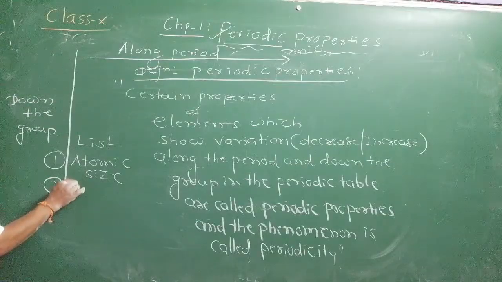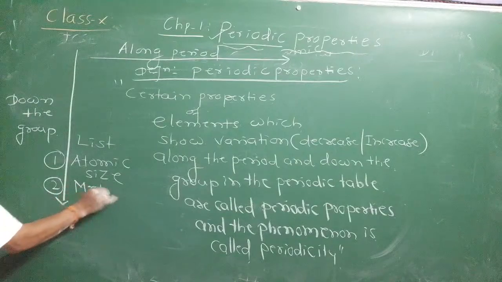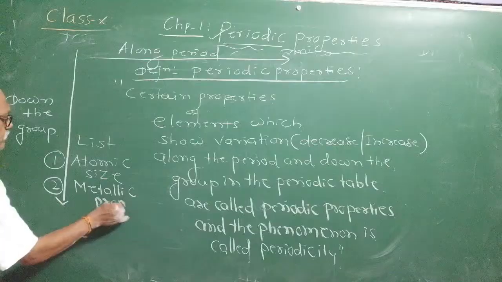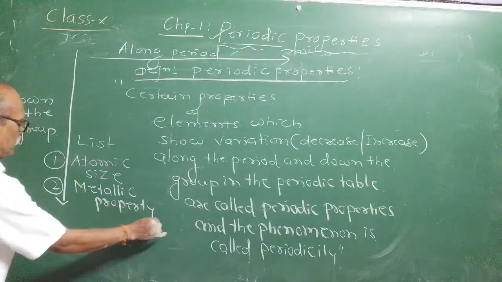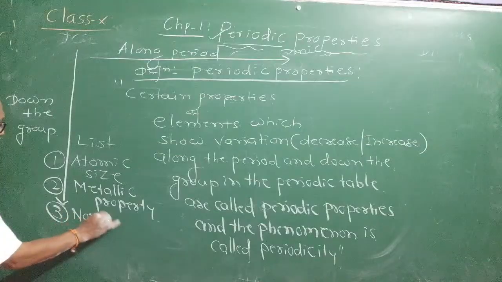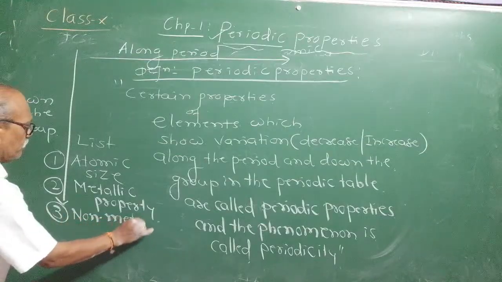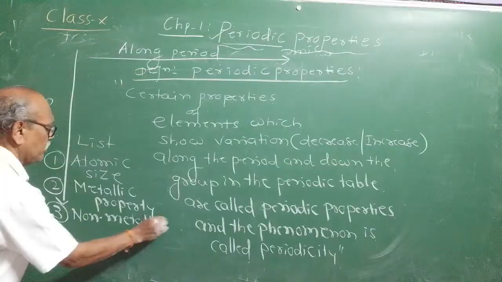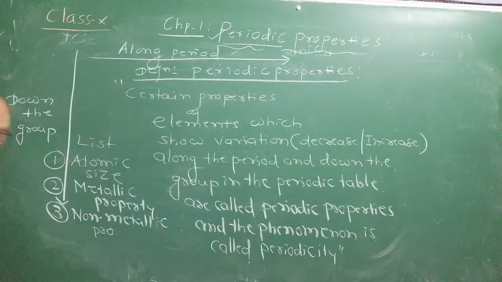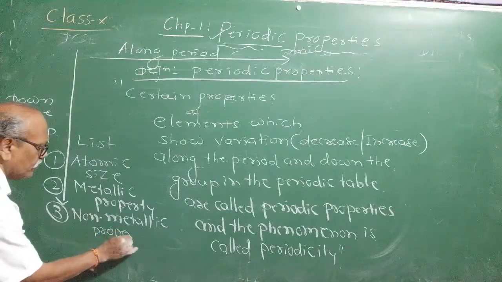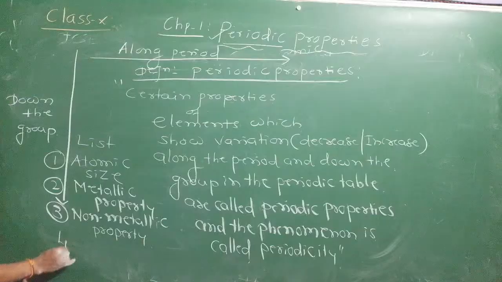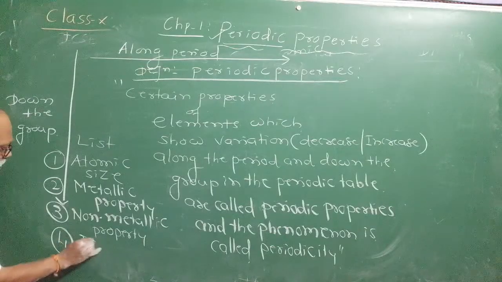Next one is metallic property. Third one is non-metallic property. Fourth one is ionization potential.